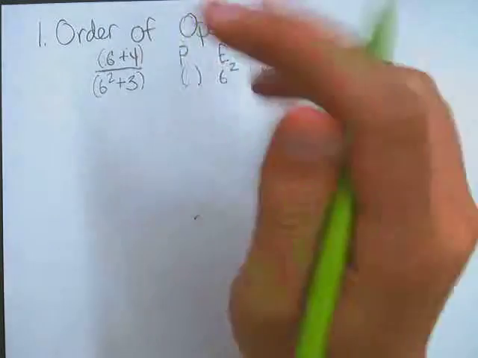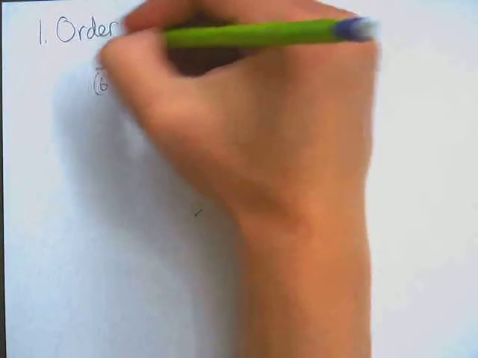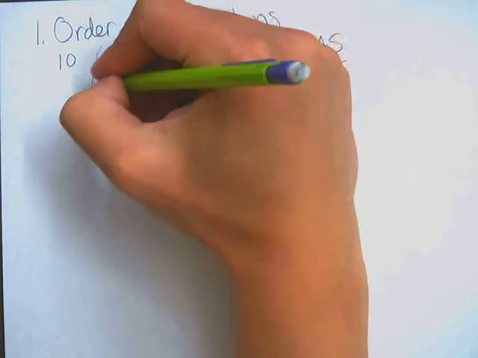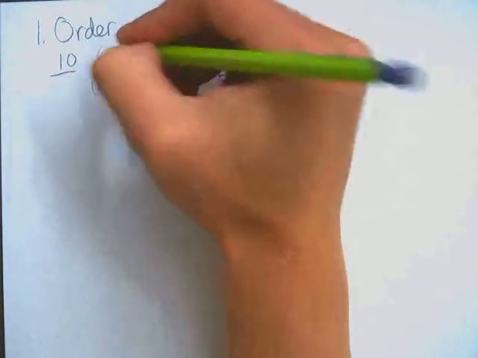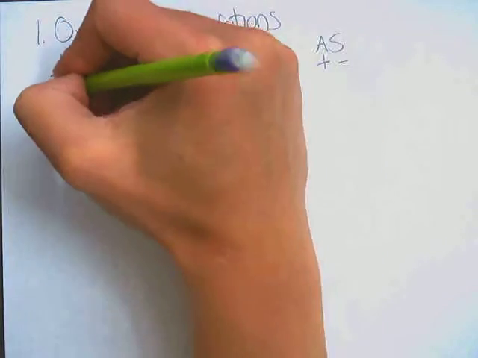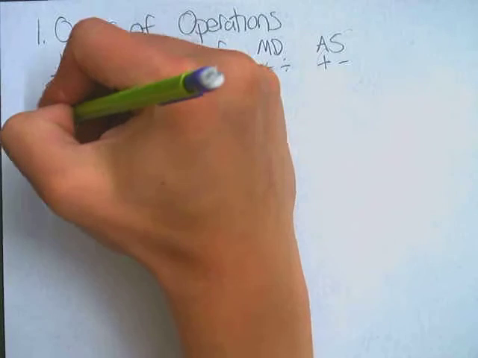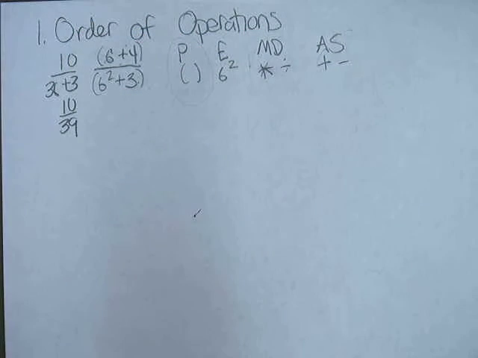So that can be tricky to remember to do that, to figure out the top first, which would be 10. Figure out the bottom first, which would be, well, 6 squared is 36 plus 3, and get 10/39 for that problem. So it can be tricky to remember to do that.